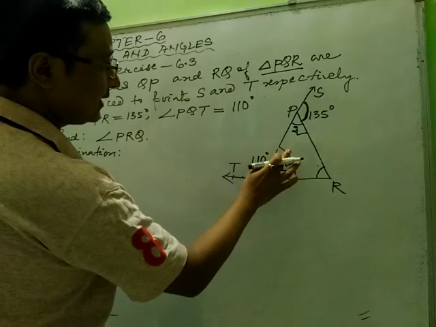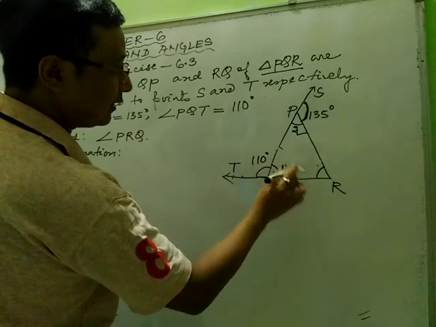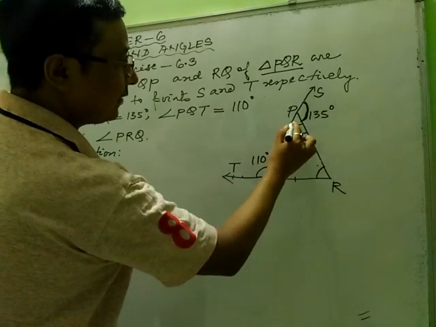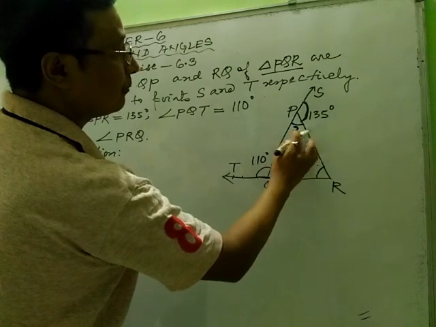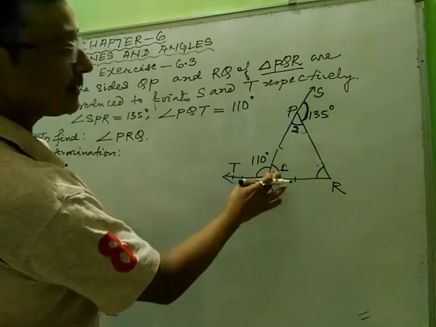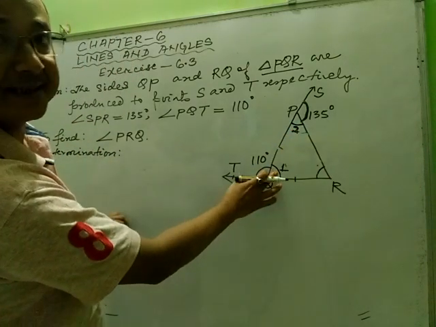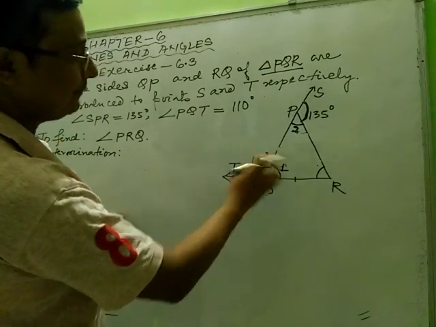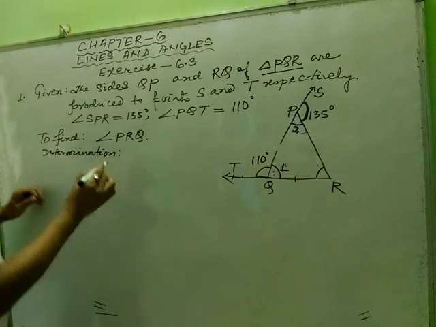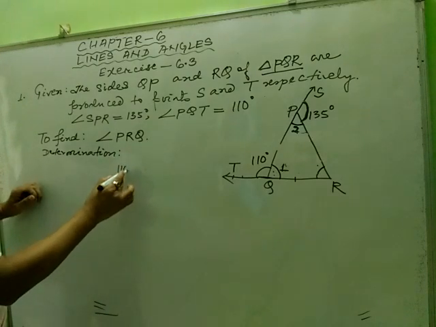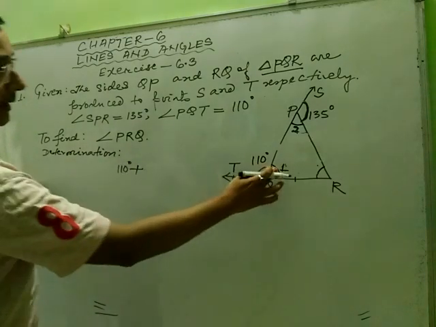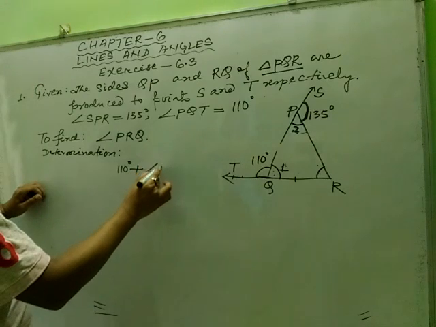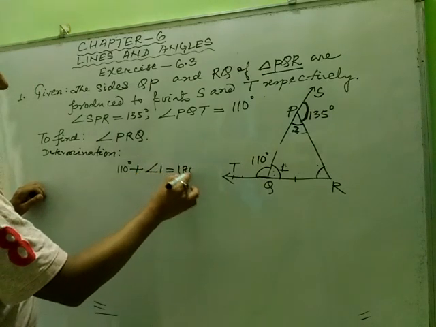So you have taken this angle as angle 1, and this we have taken as angle 2. Now these are the two adjacent angles forming the straight line. So this plus this angle you will get 180 degrees, linear pair. So it is 110 degrees plus angle 1 equals 180 degrees.